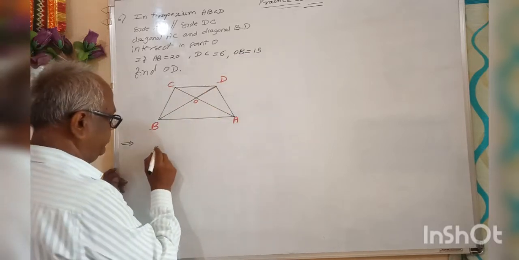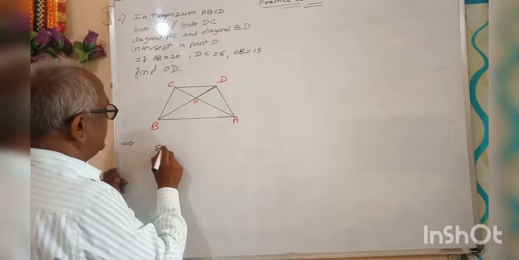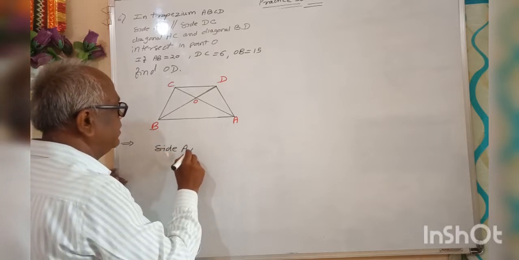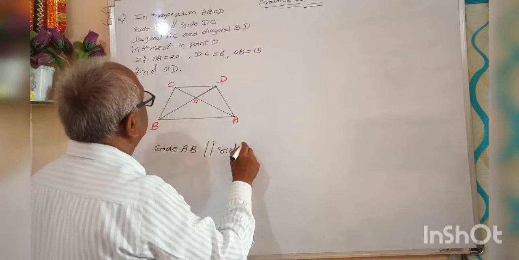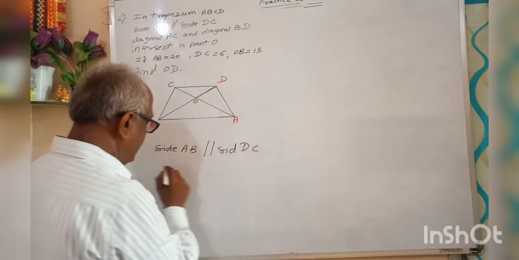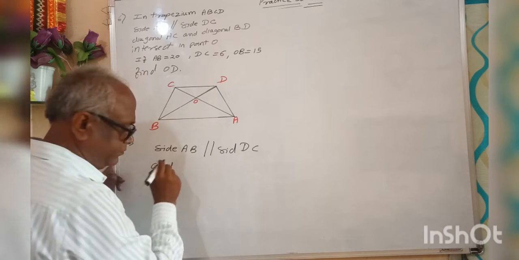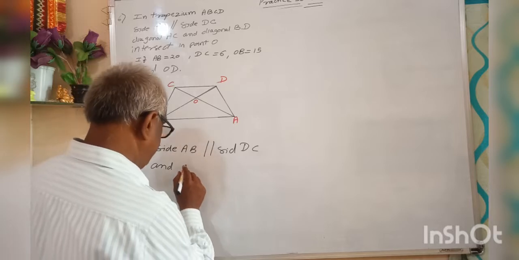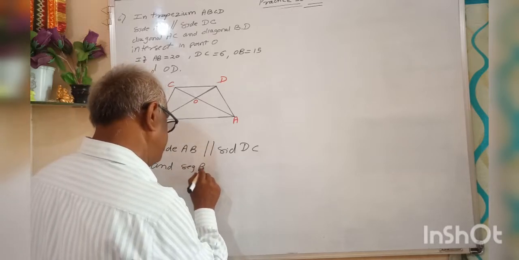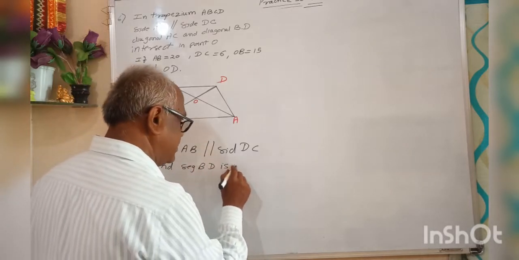Now here, side AB is parallel to side DC and segment BD is a transversal.